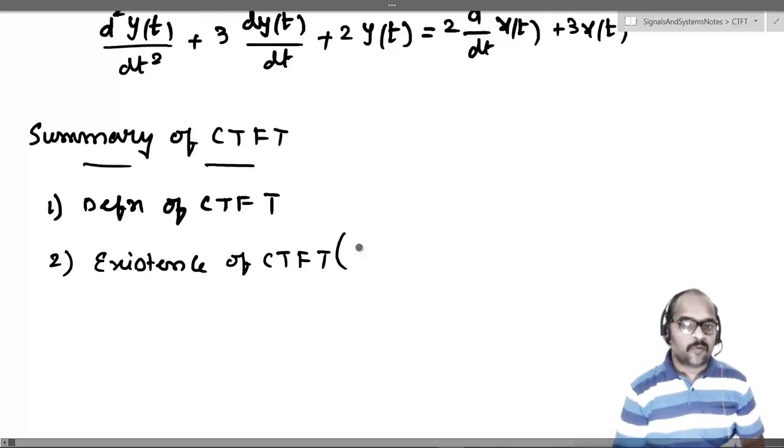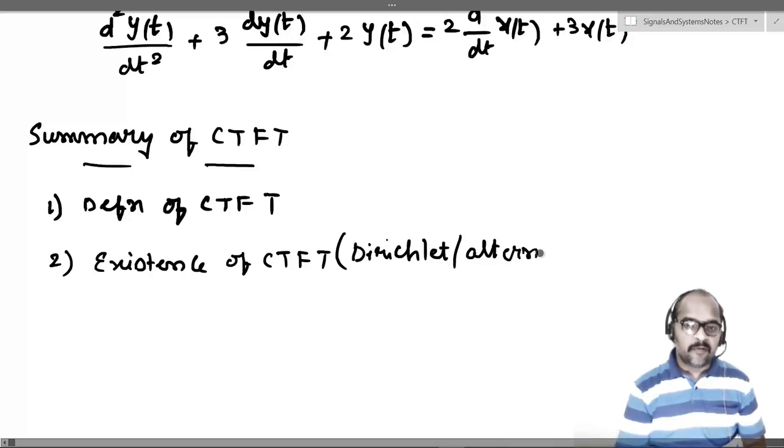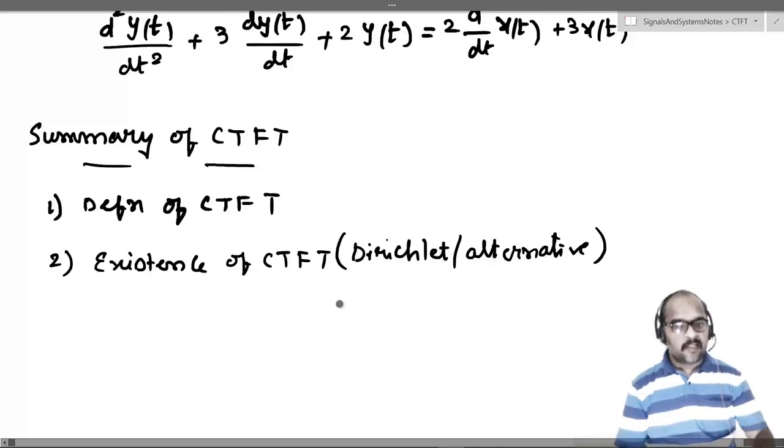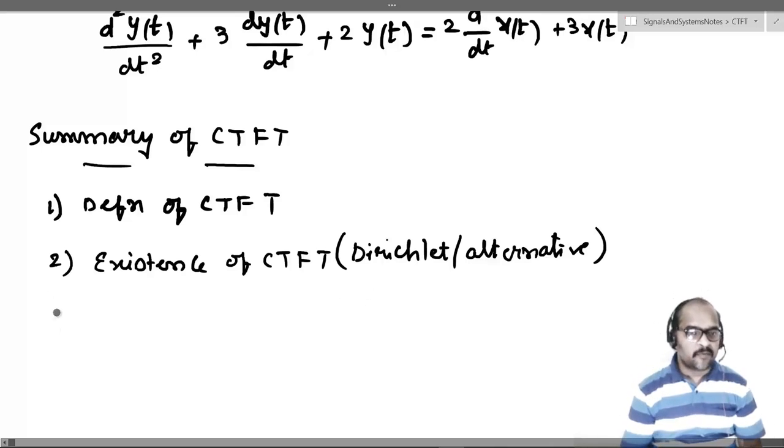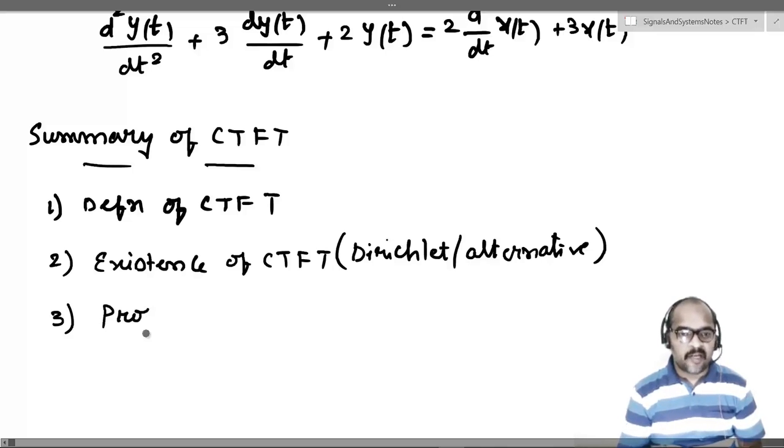There are two ways to do that. One is using the Dirichlet conditions, or there is an alternative condition: if the energy of the signal is finite, we can still have the Fourier transform. Then we moved on to the properties of CTFT.